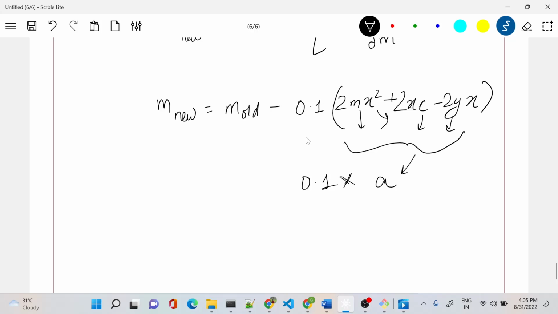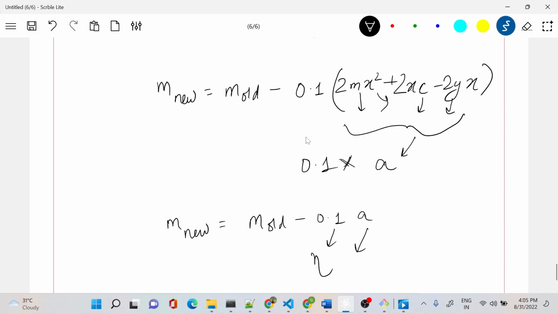So we get minus 0.1a, where 0.1 is the learning rate and a is this value.